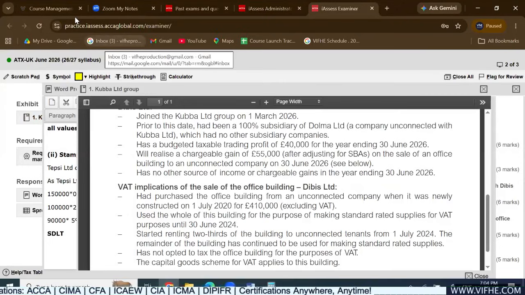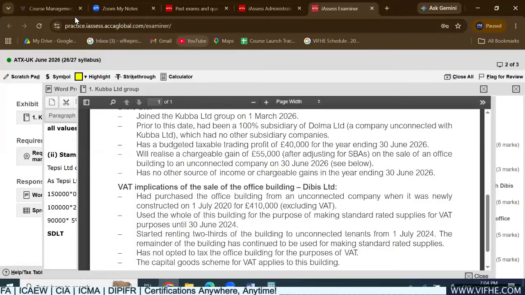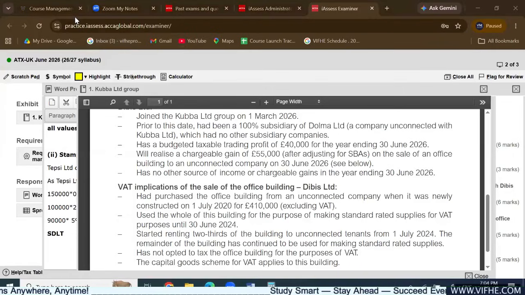Any building which is 6 years old, which is more than 3 years old, what is generally the treatment we need to apply at the point of disposal? What do we consider this disposal as?